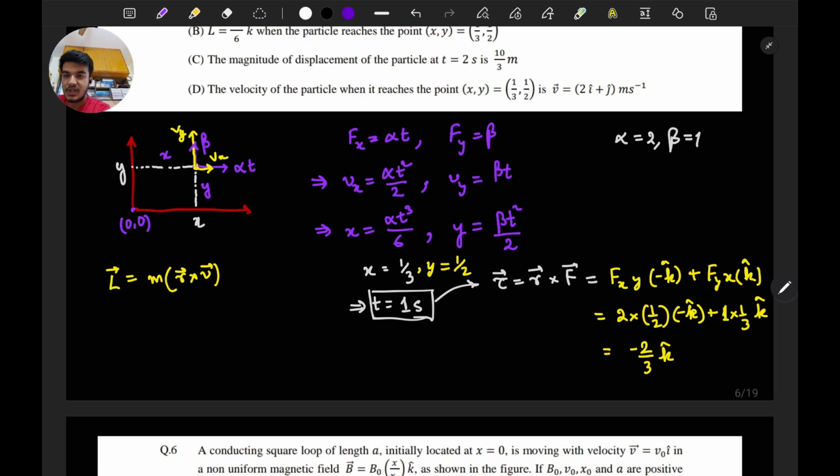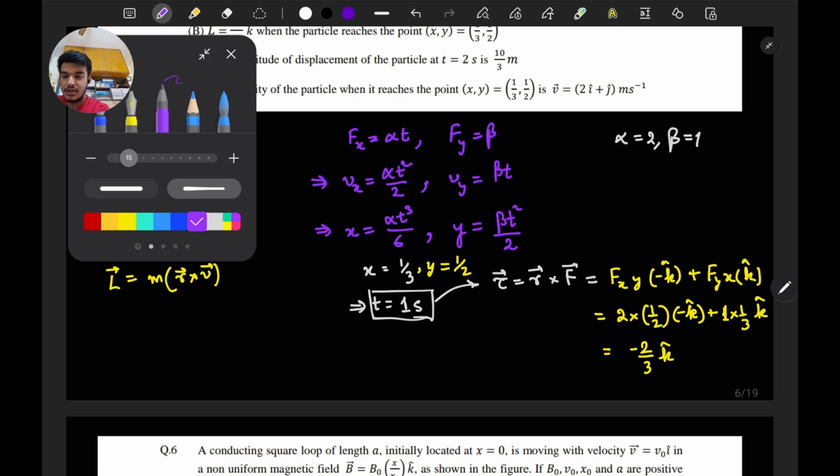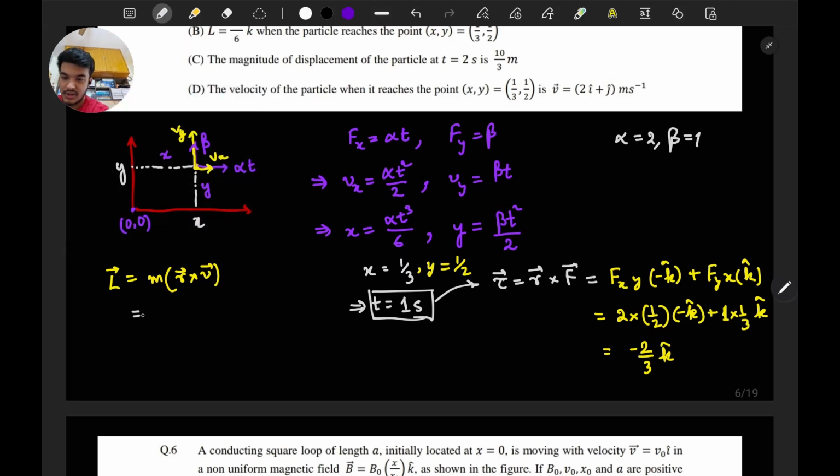So for r cross v, we can do the same thing, where m is 1, so we can say vx y minus k cap plus vy x k cap.